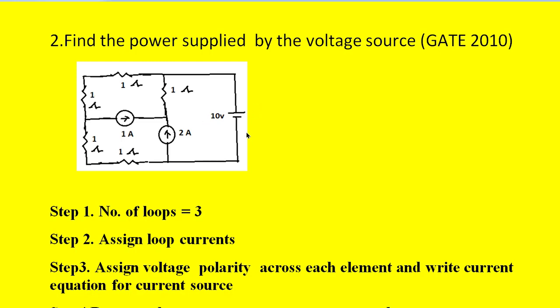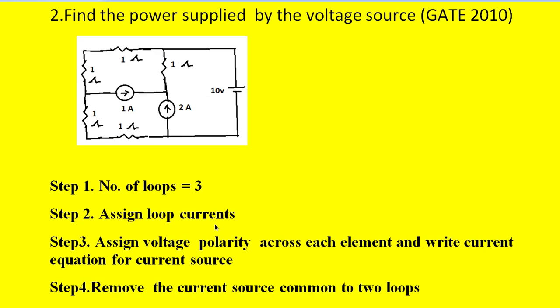For this also the procedure is same, the algorithm is same. The procedure consists of several steps. The first step is identifying the number of loops. The number of loops here is 1, 2, 3. So the number of loops will become 3. Next, assign the loop currents. The third step is to assign the voltage polarity across each element and also write the current equation for the current sources.